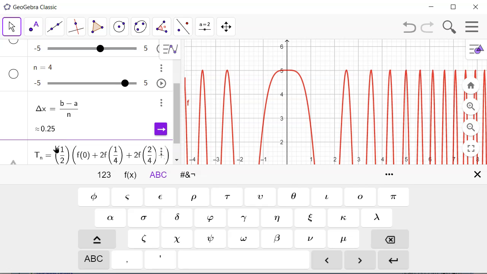The next one is 2 times f of 3/4, and the last one is f of 1. Then we need to multiply by delta x, so maybe I should put that there.